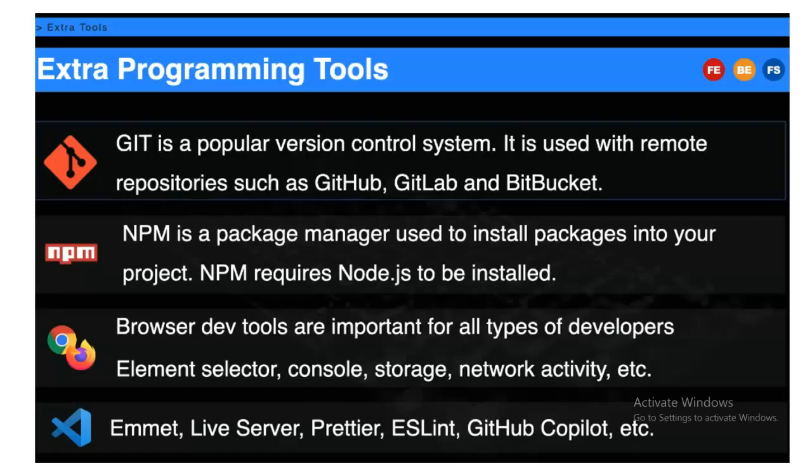Now, extra programming tools. Git is a popular version control system. It is used with remote repositories such as GitHub, GitLab, and Bitbucket. Now, npm is a package manager used to install packages into your project. npm requires Node.js to be installed.